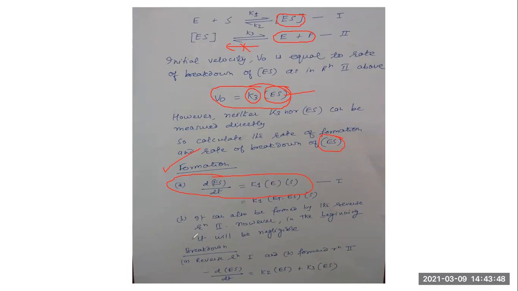The rate of breakdown of ES, the minus sign indicating breakdown, will be equal to K2, the reverse rate constant, times ES, plus K3, the forward rate constant, times ES. Okay, so now you have two things: the rate of formation of ES and the rate of breakdown of ES.